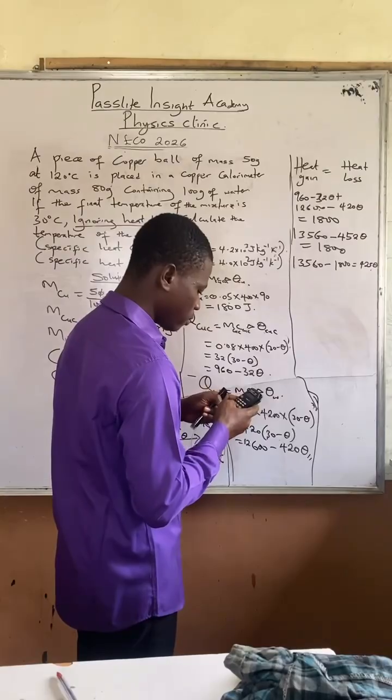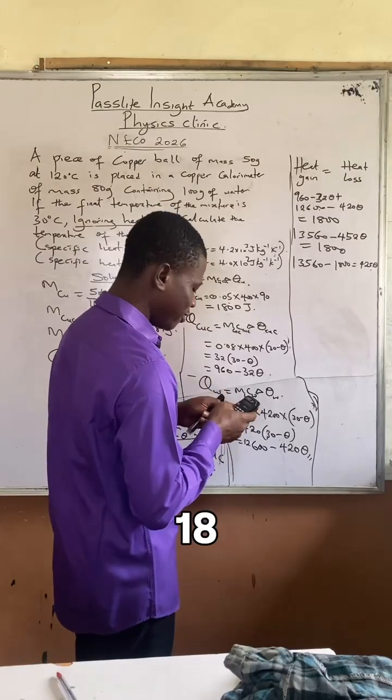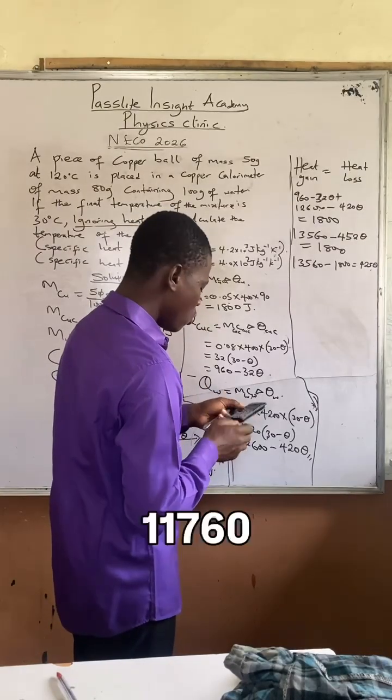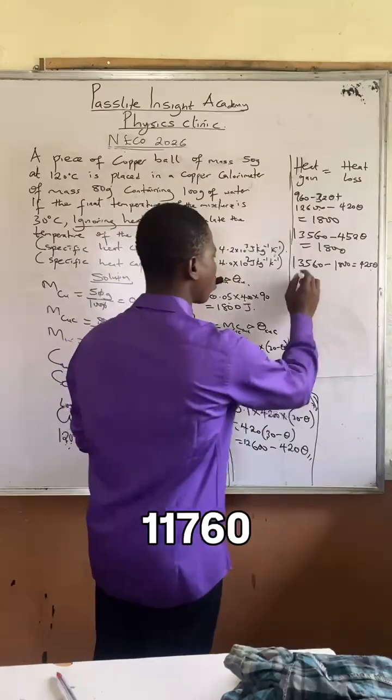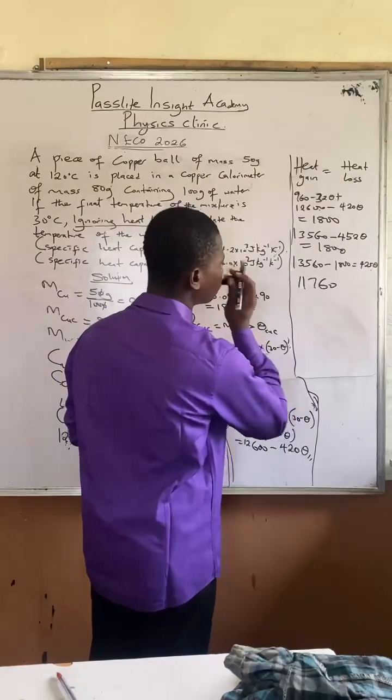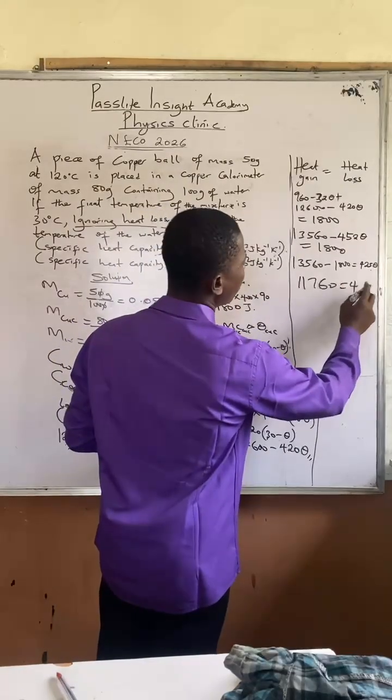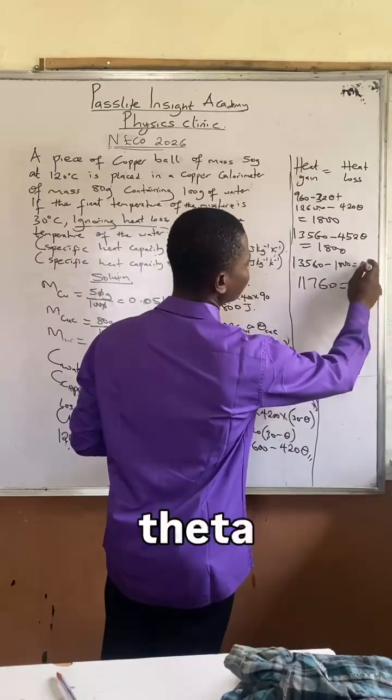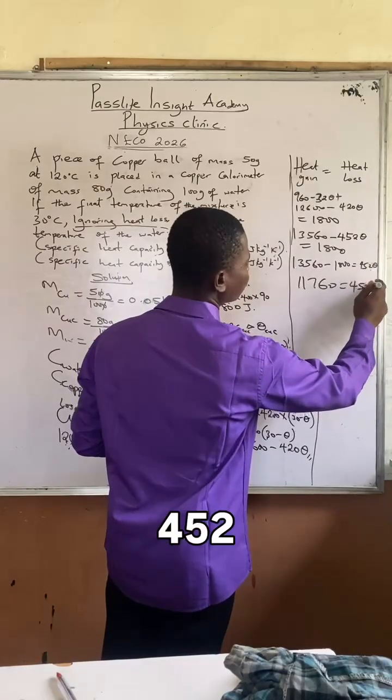13,560 minus 1800 is 11,760, equals 452 theta.